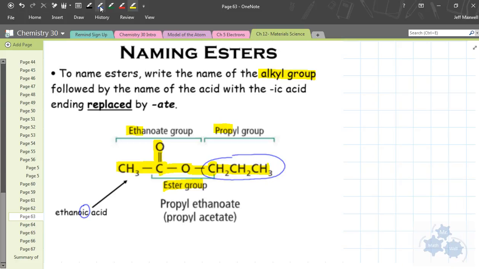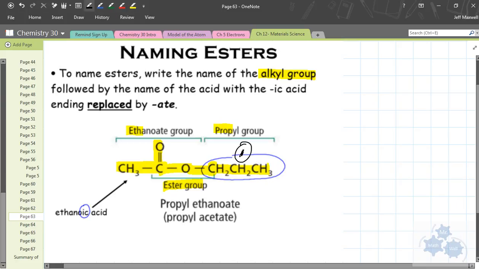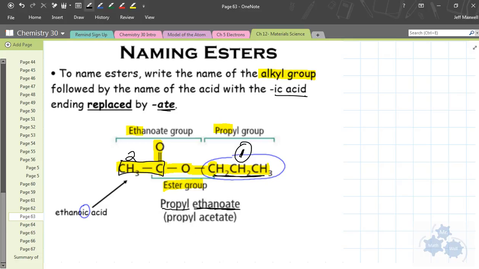So we name this one first, number 1, and then we name this chain second, and we take off the ic acid from the carboxylic acid and replace it with ate. So it's propyl, that's the alkyl group, eth for the carbon chain underneath the O attached to the oxygens, and then anoate: propyl ethanoate. A common name is propyl acetate.